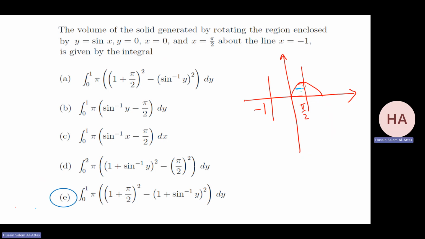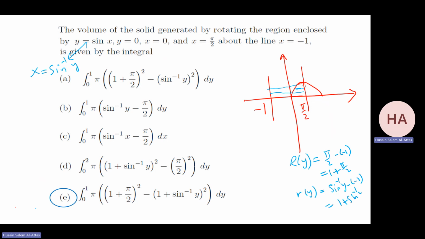This line to this, and the inner radius will be this curve to this. So I have the outer in terms of y. Be careful. I have y equals sine x. Then it means x will be sine inverse of y. So R of y will be pi over 2 minus minus 1, and that will be 1 plus pi over 2. And the inner radius will be the function in terms of y, sine inverse of y minus minus 1, which is 1 plus sine inverse of y.